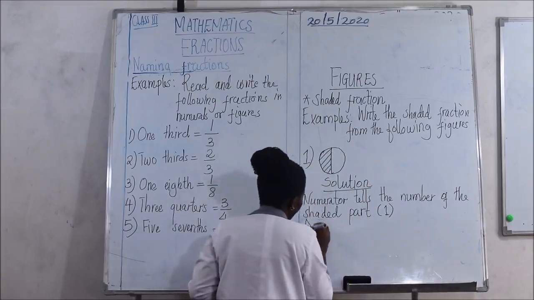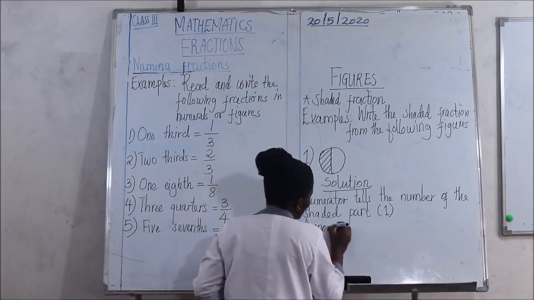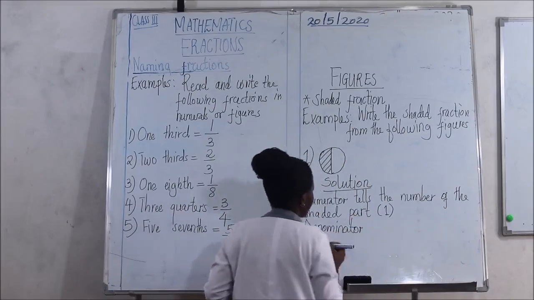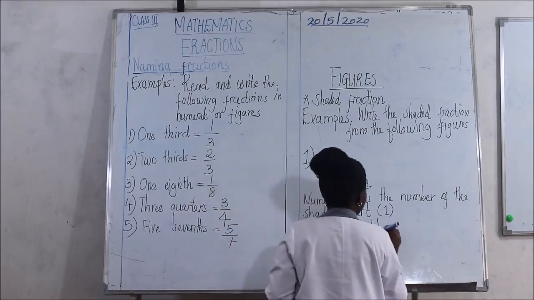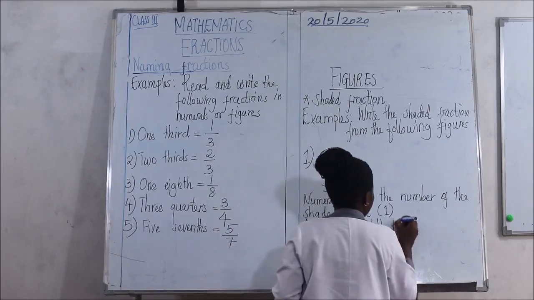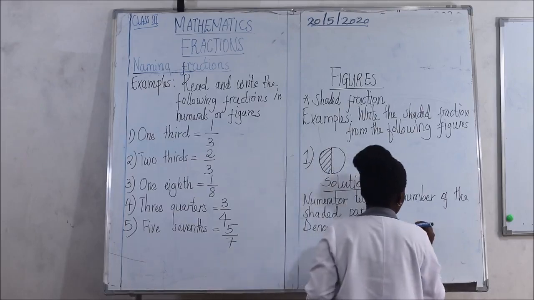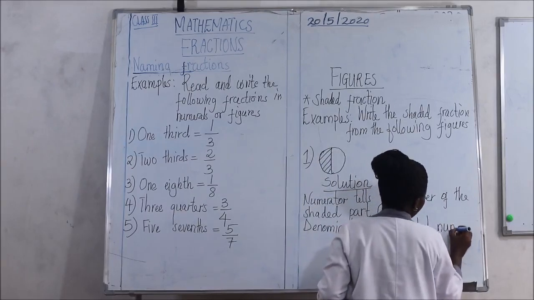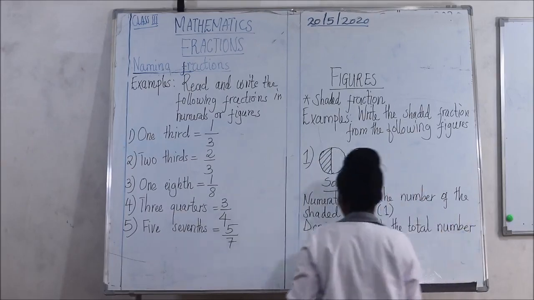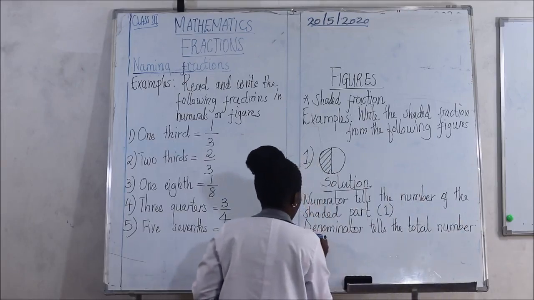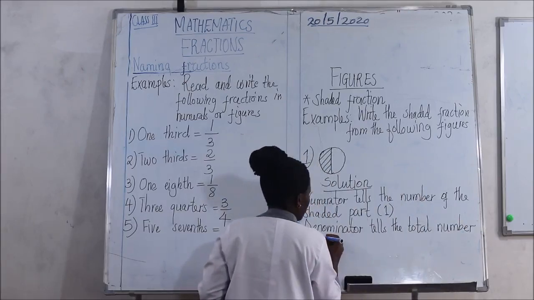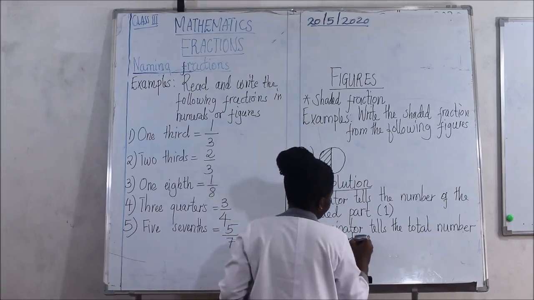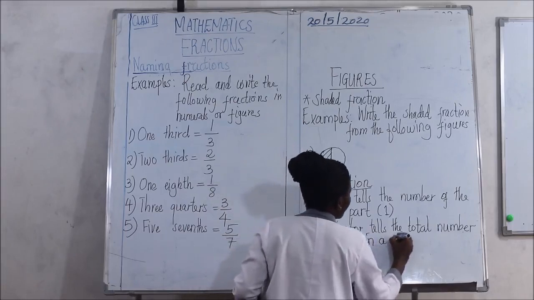And the denominator, the bottom number, tells us about the total number of all parts in a figure.